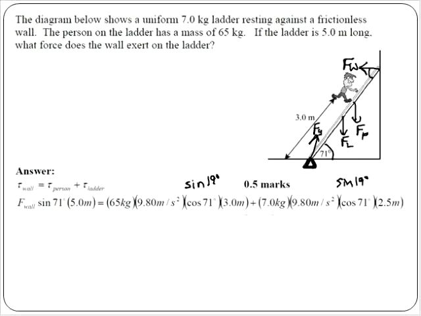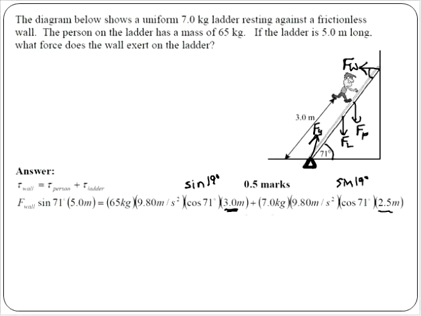The reason this one is 3 right here is because that's how far from the bottom the person is standing. The reason this one here is 2.5 is because the force of the ladder is at the center of mass, which is halfway up the ladder. And that's 5 meters for the length of the ladder, which means 2.5 meters for the force.